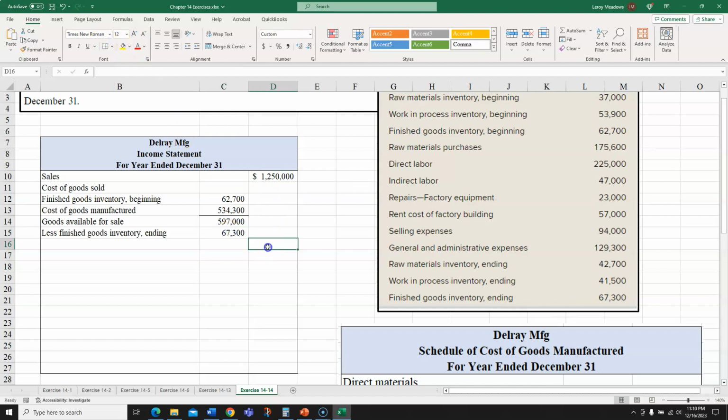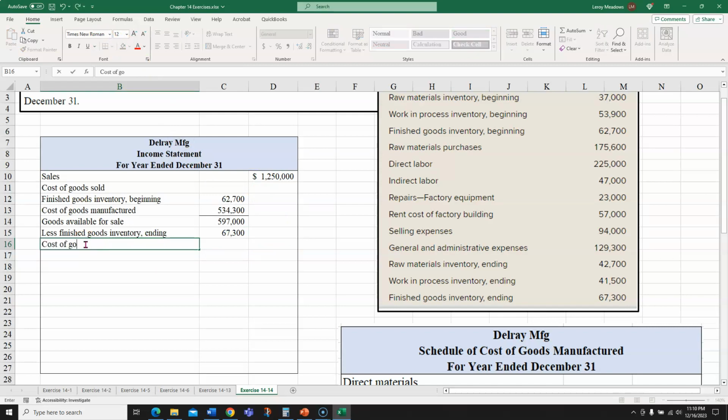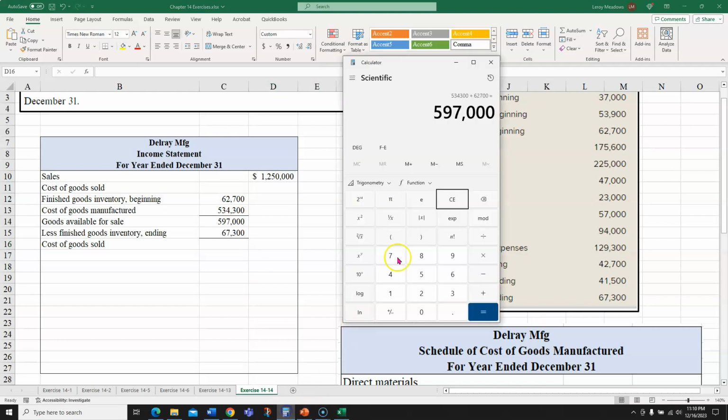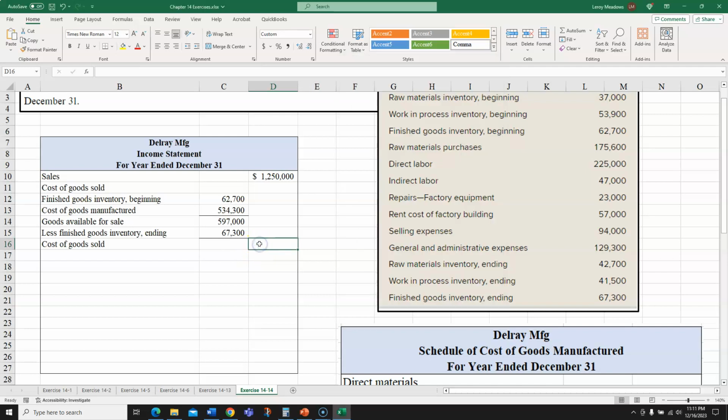And so my cost of goods sold is how much? $597,000 minus 67,300. So my cost of goods sold is 529,700.